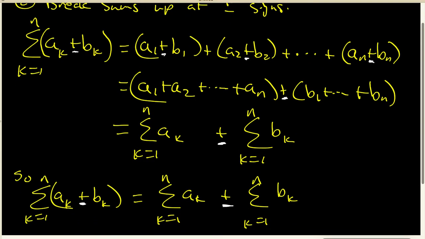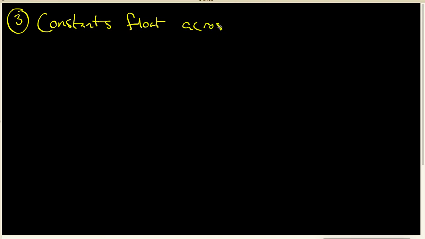The next property that I want to look at is that I can bring constants back and forth through the sigma sign. So constants float across the sigma notation, the same way that constants float across differential notation and across integral signs.